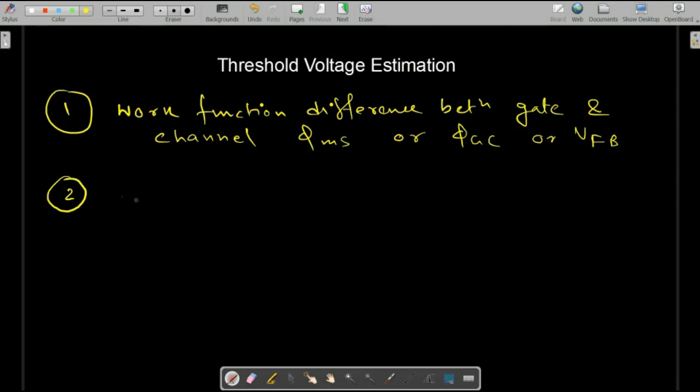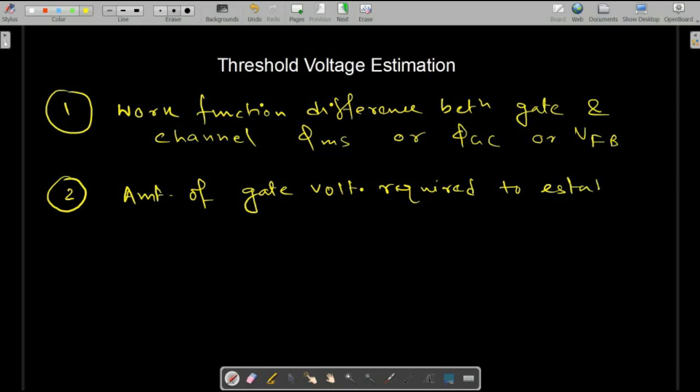Second component is the amount of gate voltage required to establish the condition phi s equal to minus phi f.